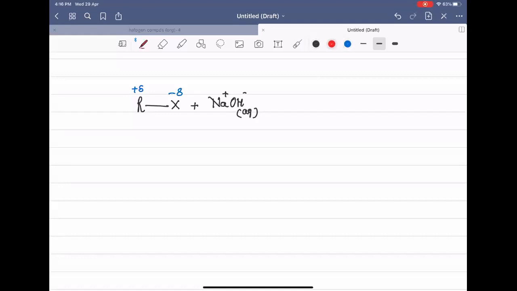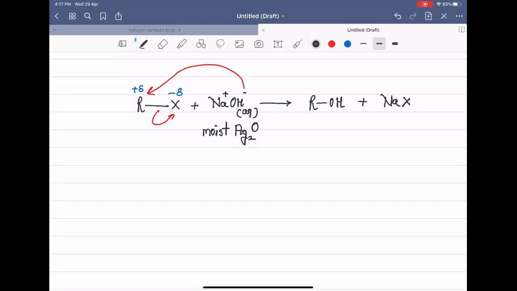So here the reaction would go like this. Attach here, this is removed. Don't worry about whether it is SN1 or SN2, but for a simple substrate, it is normally SN2, and we have ROH plus NaX. The source of getting OH is also moist Ag2O. Many times they put moist Ag2O, right? This is also the same, and so I can put R-X with moist Ag2O. It gives you the same thing, right?